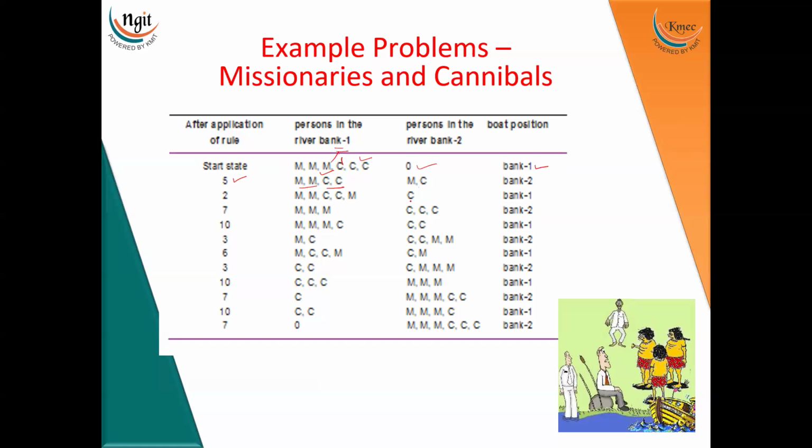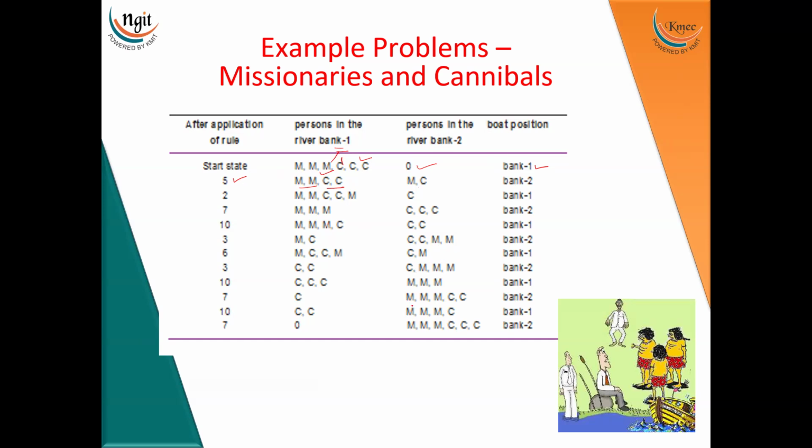One cannibal will stay in bank 2, and one missionary will come back. Now 2 cannibals will move. Now one cannibal will come back, and one missionary will move. Now see here again, one cannibal will come out and one missionary will move.